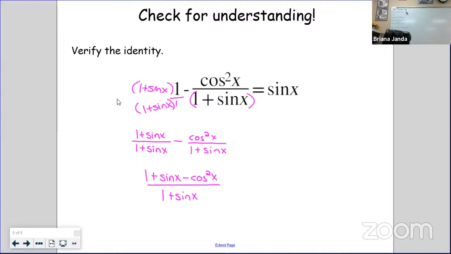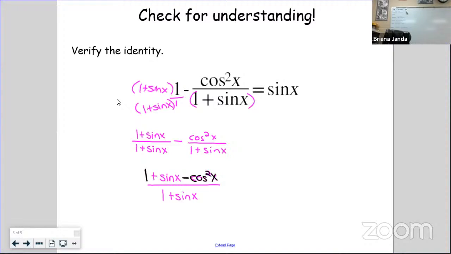Now, this one's a little tricky as far as how it is written, but do you see the Pythagorean identity that's emerging in there? Because we can switch the order here, do you see the 1 minus cosine squared? What can I replace or sub in for 1 minus cosine squared?